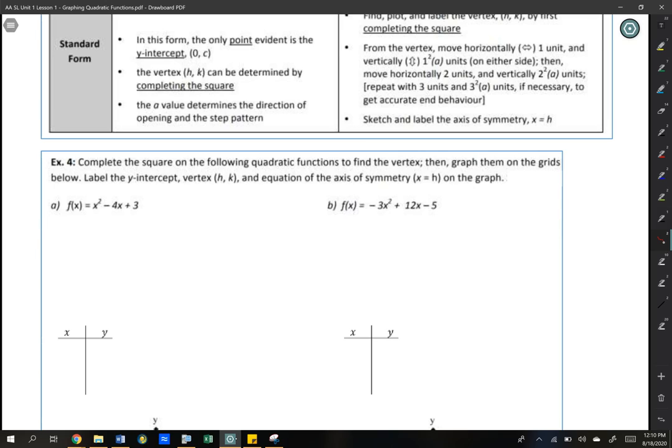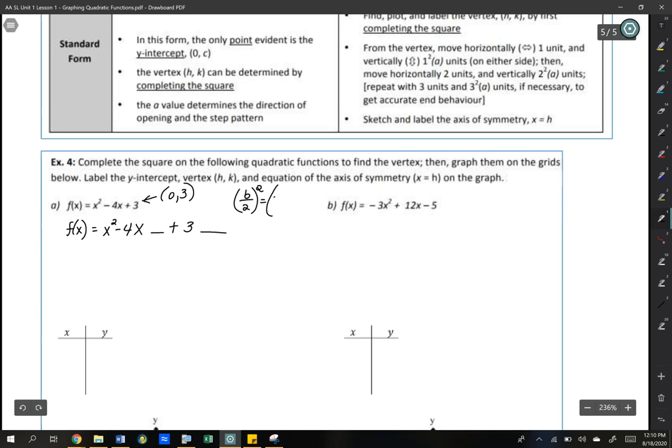All right, so I want to make a note to myself that I have a y-intercept at (0, 3), because c is equal to 3. And now I'm going to go ahead and complete the square. I'm going to leave a placeholder. Remember, completing the square is (b over 2) squared.